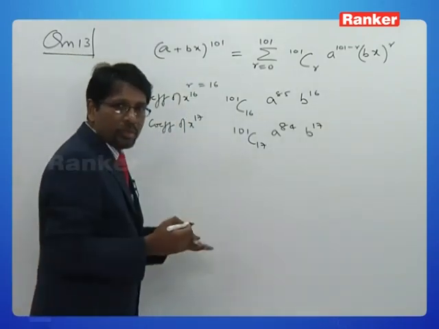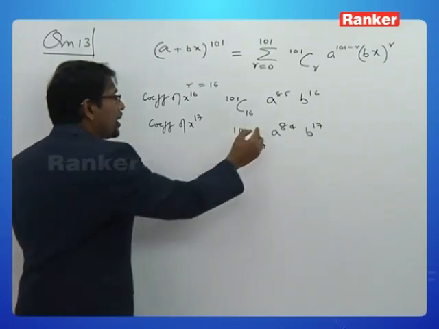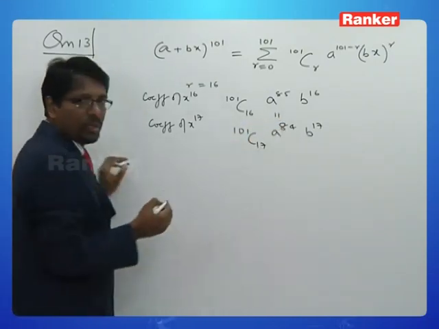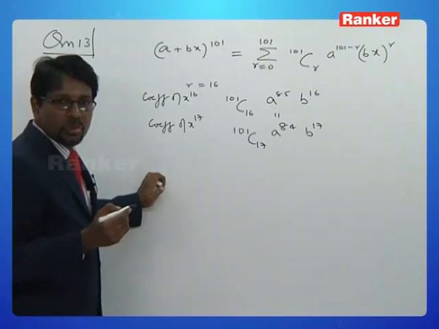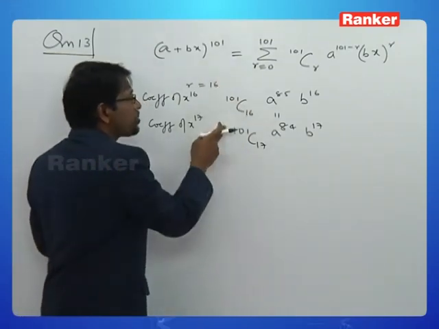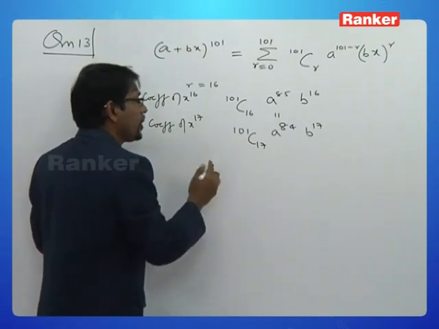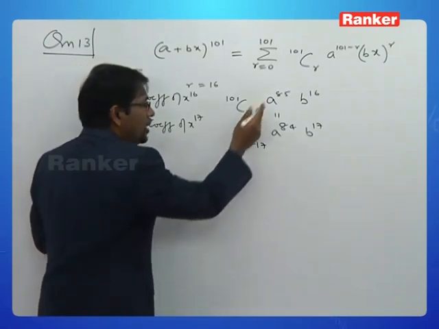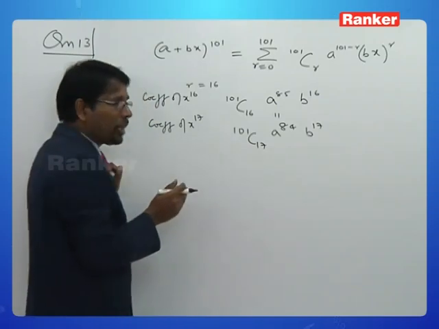Okay. Now these two are equal. That's what is given to us. He says the coefficients of x power 16 and x power 17 are given to be equal. So one divided by the other has to be equal to 1.